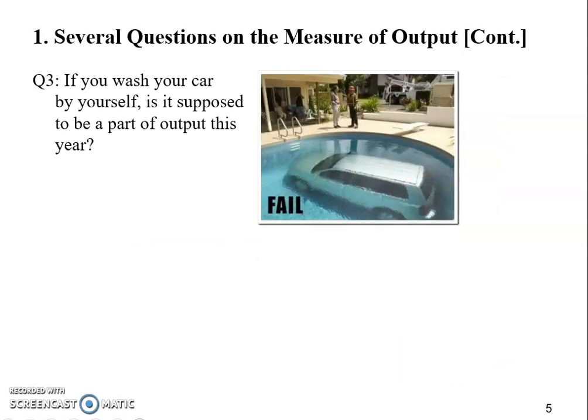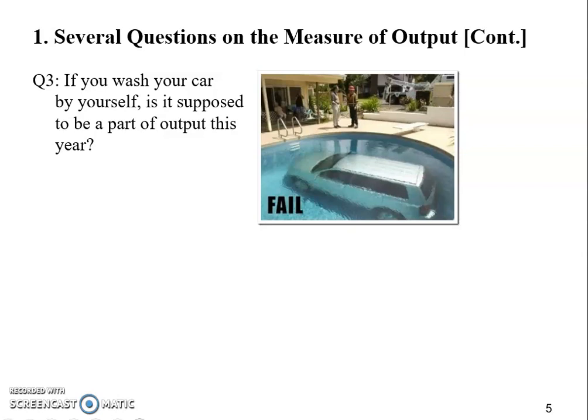The next question is, if you wash your car by yourself, is it supposed to be part of the output this year? The very first thing we need to clarify before answering is that output covers both goods and services. If we buy a laptop, that is a good, right? It's visible, it's tangible.